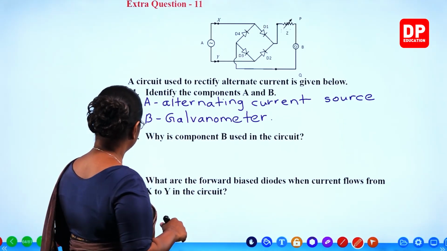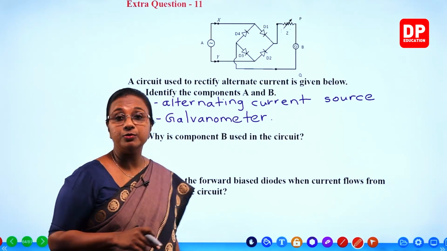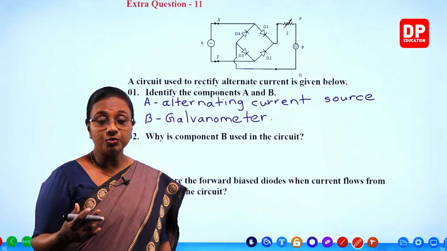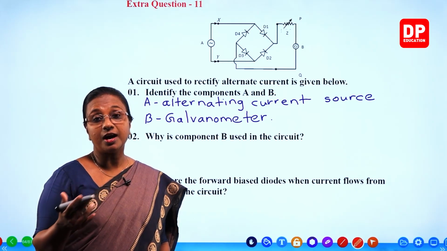Then the second question. Why is component B used in the circuit? Why do we use a galvanometer? To observe whether a current flows through the conductor, and to observe the direction of the current flow.